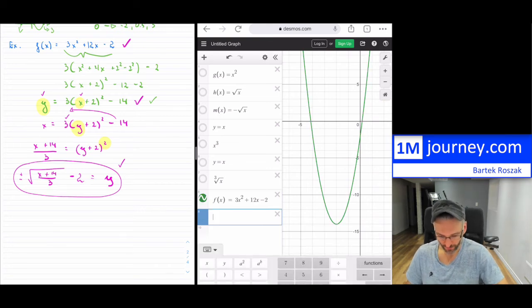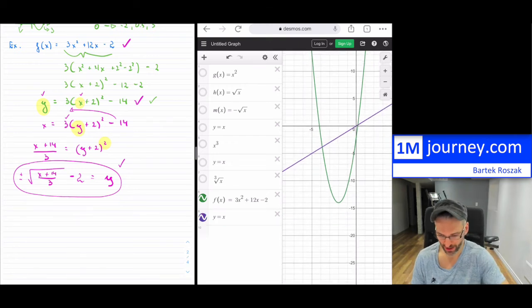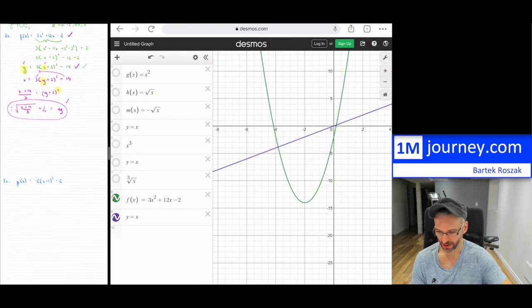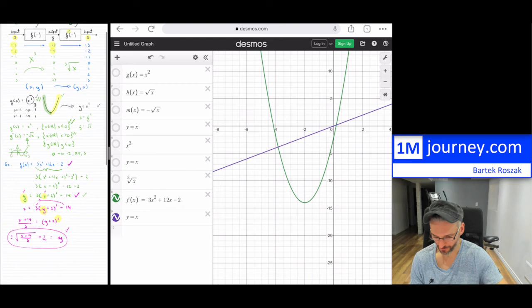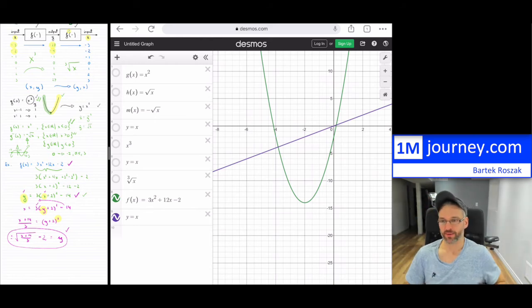Now, the inverse is going to be a reflection in this line that we have. Let me make this bigger so that we have it in there. And so what that means, it's going to get shifted in this way. And here is where we're going to have to be careful.